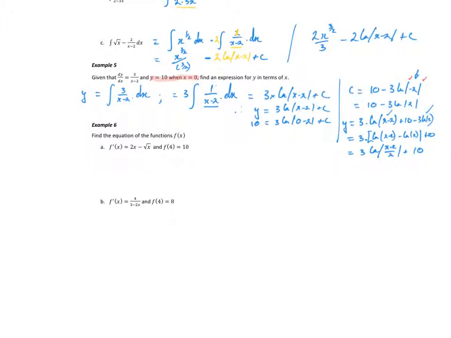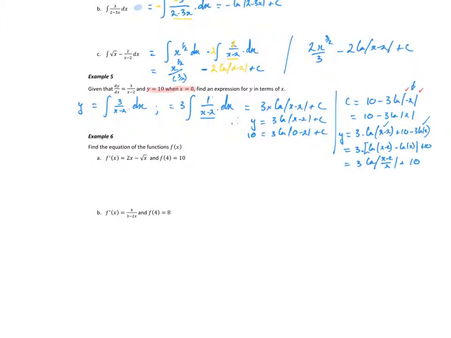Again, find the equations with these initial conditions. So again, we know that f of x will equal the integral of 2x minus x to the half with respect to x.